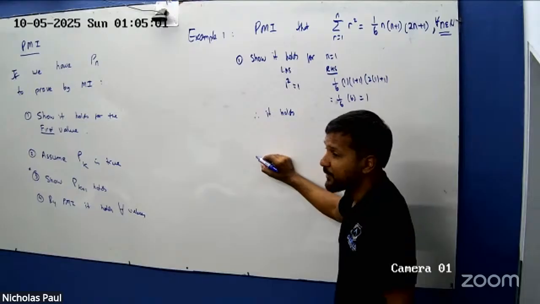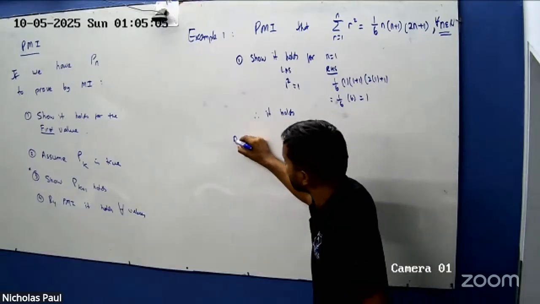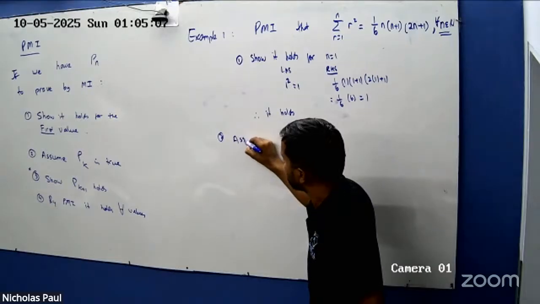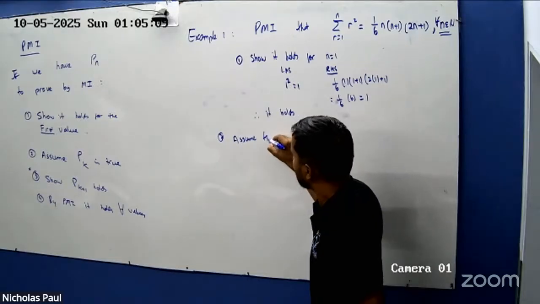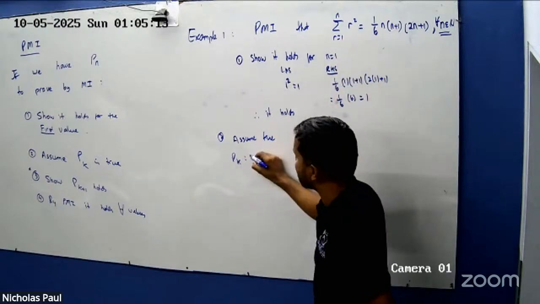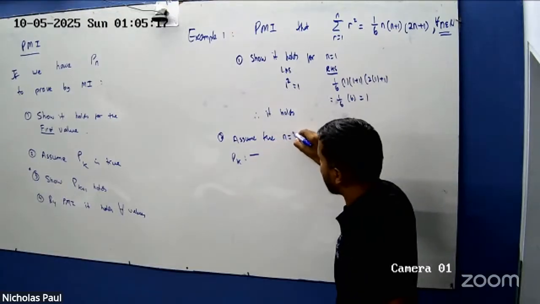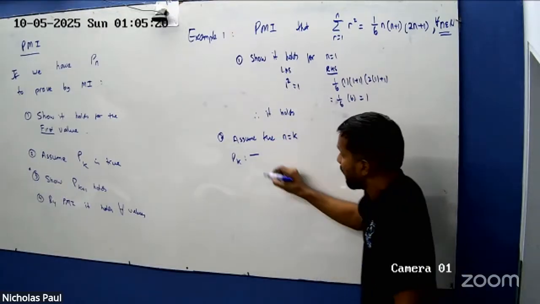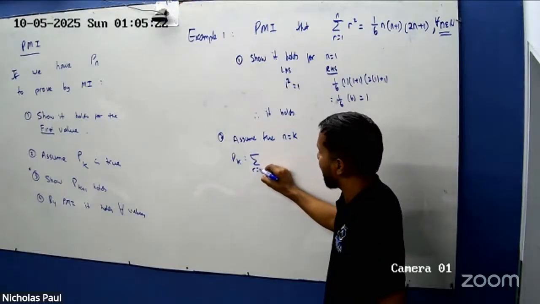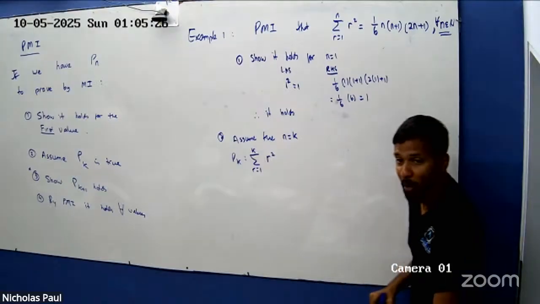Right? Second step. We have to assume it true for when it's k. So we write assume true for P(k). P(k) simply means wherever n is, we replace it with k. So you'll get the summation of r going from 1 to k of r squared, equals 1/6 k(k+1)(2k+1).